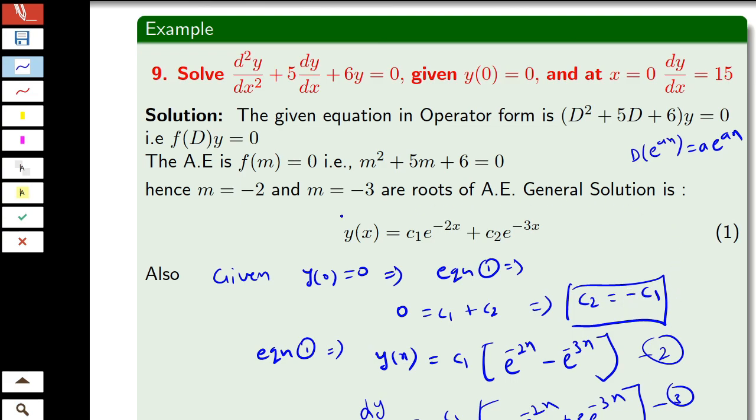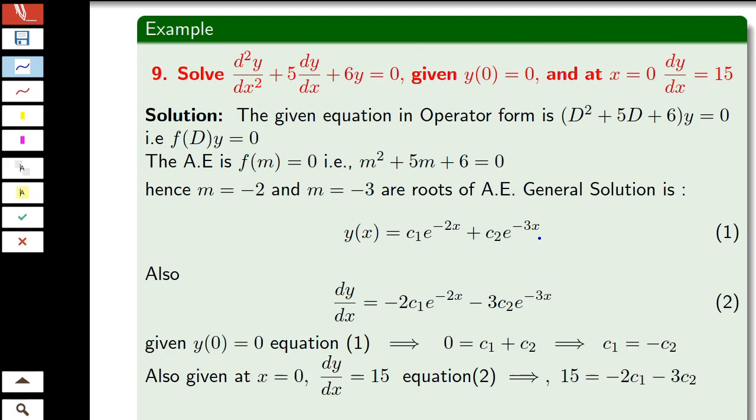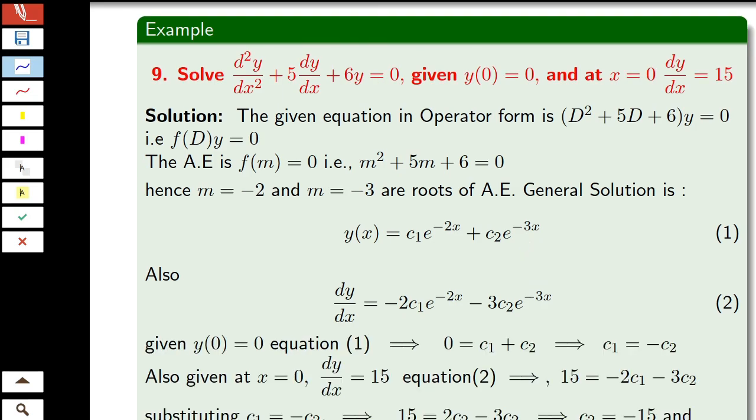We substitute back in this solution, so we have eliminated c1 and c2. Finally, you can take 15 common: c1 is 15, c2 is −15. So y = 15(e^(−2x) − e^(−3x)), without constants because of the given conditions.